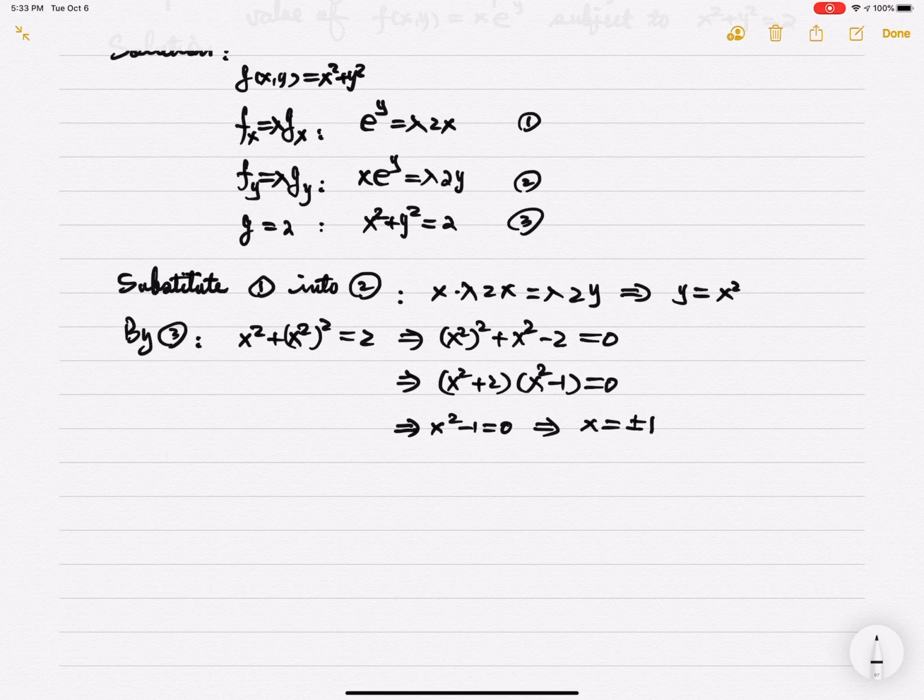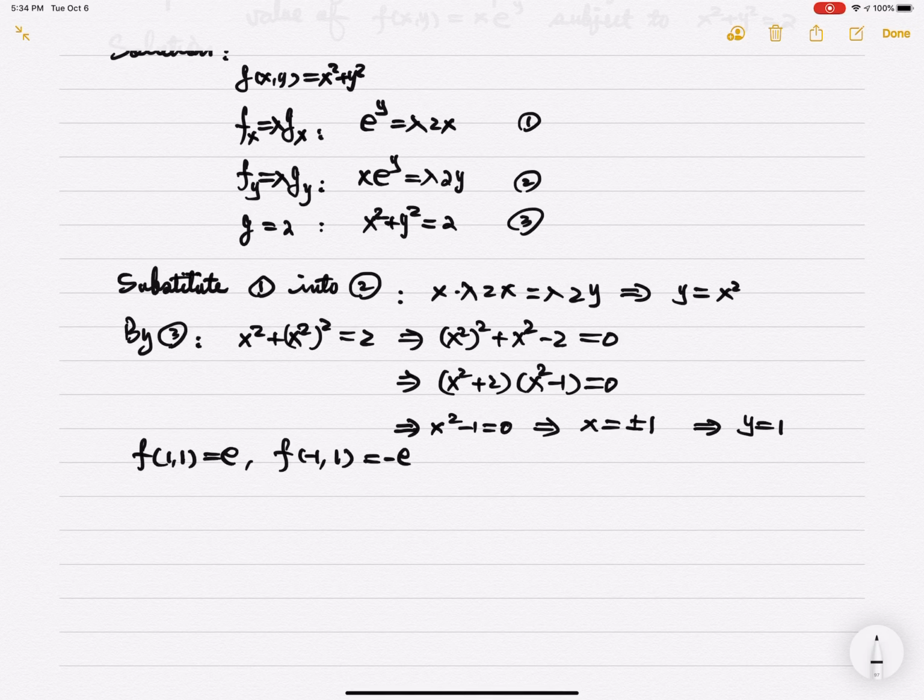If x equal to positive or negative 1, then y equal to x squared, so y always equal to 1. So we have 2 points. Then we evaluate f at (1,1), which is equal to e. And then we evaluate f at x equal to -1, y also equal to 1, which is equal to negative e.